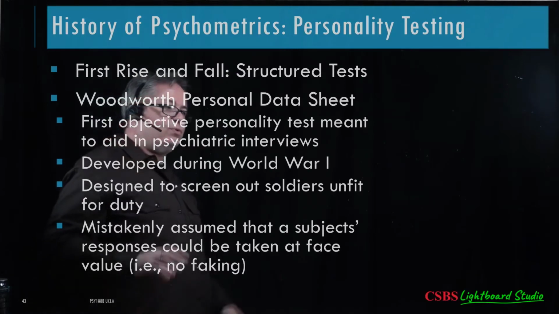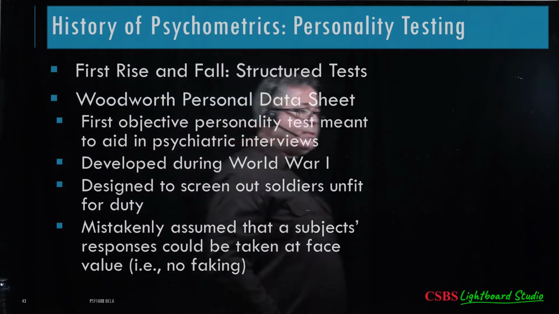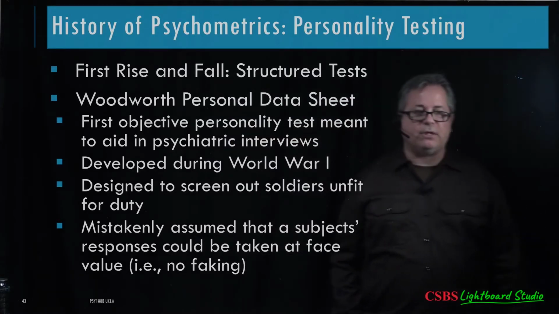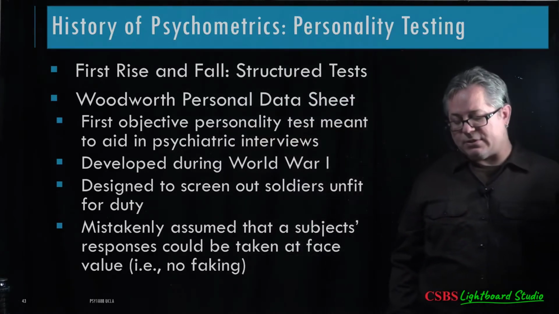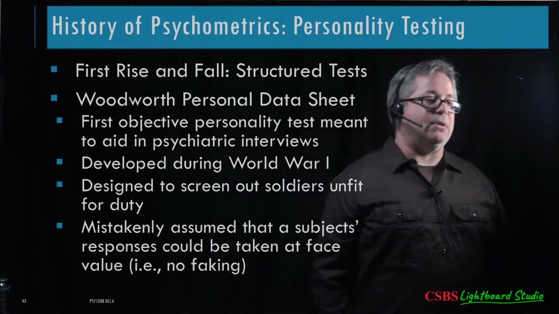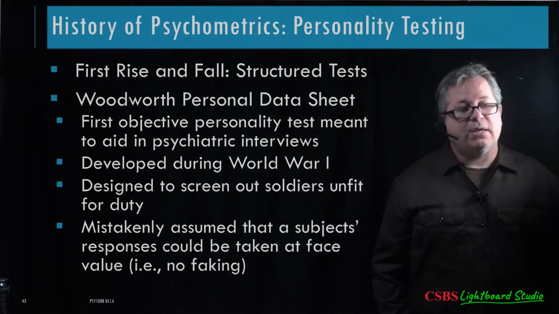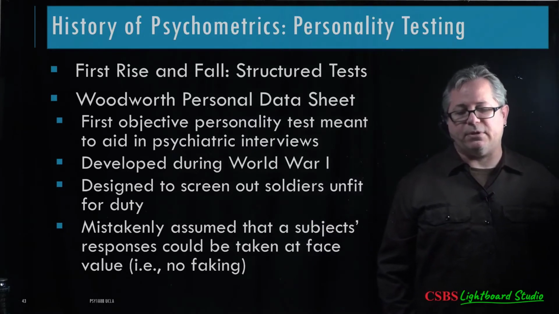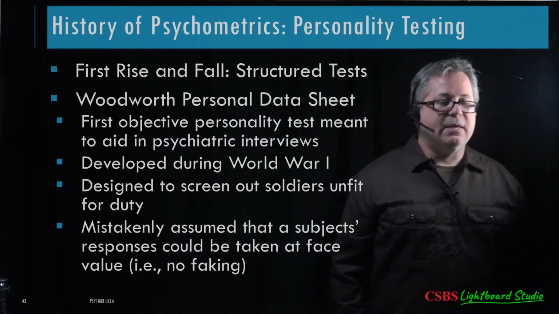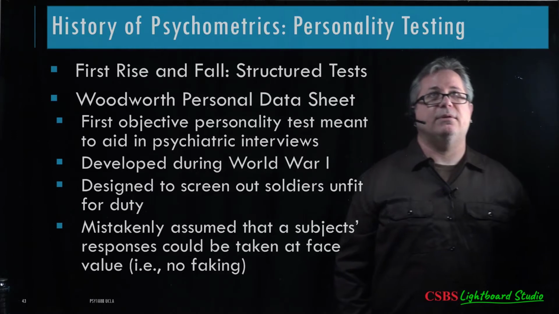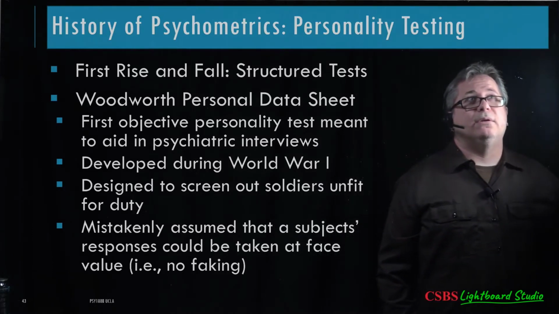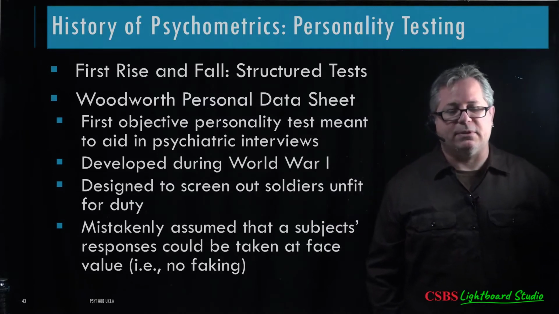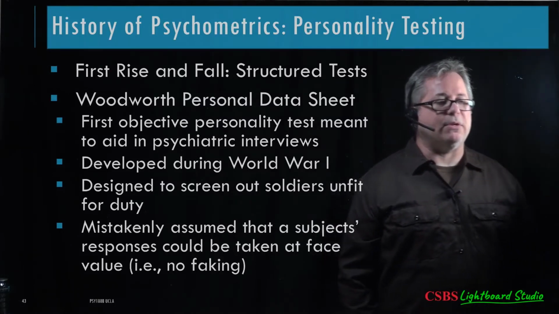So the first rise and fall: they tried to create structured personality tests in the same way that intelligence tests were developed. Let's give people a bunch of questions, and then we can decipher what kind of personality traits they have, and specifically if they have dangerous or problematic personality traits, like being psychopathological or some other thing.